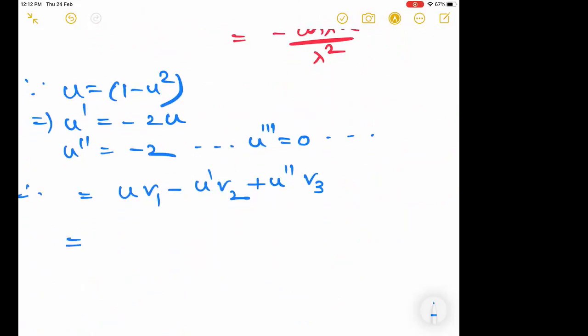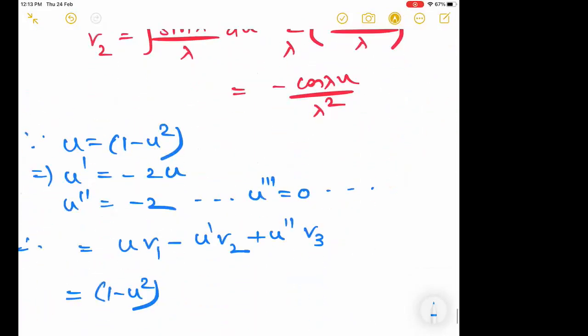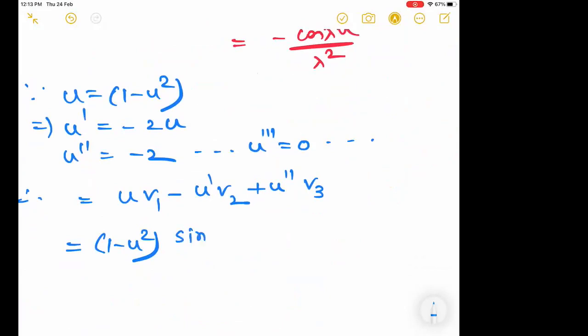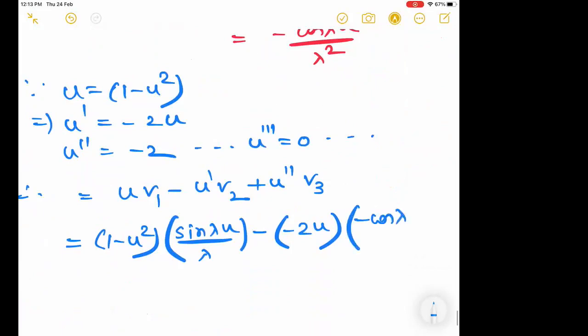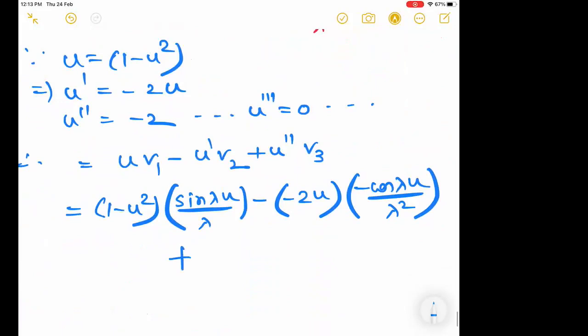So write down here. Therefore, u means 1 minus u square. V1 is what? Sine lambda u upon lambda. I'm putting brackets specifically so that you can understand what is v1, what is u, what is v2, what is u dash. Minus u dash is minus 2u. And v2, what is v2? V2 is minus cos lambda u upon lambda square. Next term is plus u double dash, the second derivative, which is minus 2.